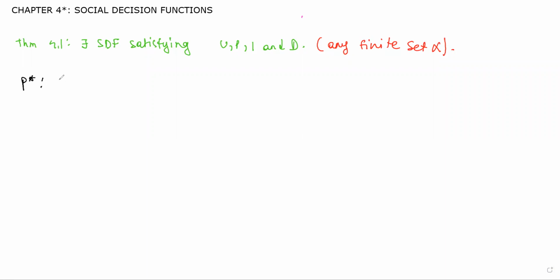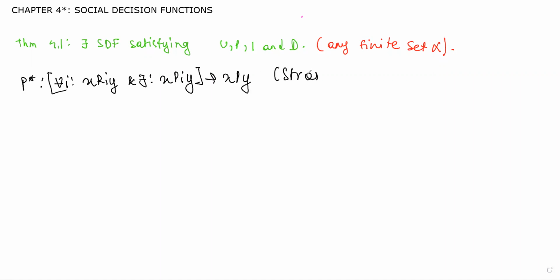This means for all i, x R_i y, and there exists i such that x P_i y. If this is true, then we have x P y. This is stronger than P, if you see. Any social welfare function which satisfies P has to satisfy this as well. You can check that very easily.